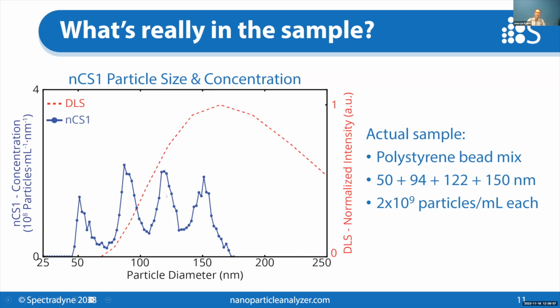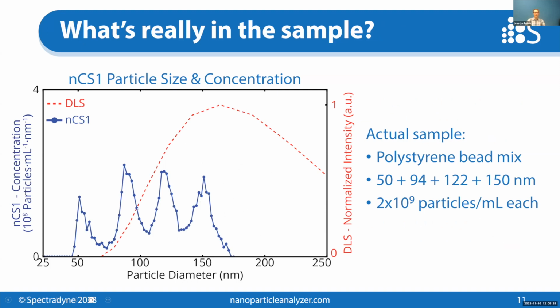When we measure this sample on Spectradyne's technology, which I'll talk about in a minute, we can resolve all those different components. And because we know what's in the sample, what we see is that the dynamic light scattering measurement is really just picking up the largest particles, because they scatter so much more strongly than other particles.